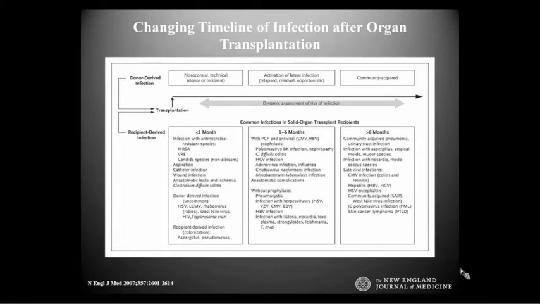Your risk of infection is largely determined by what prophylactic agents you're on. And in this day and age, we have universal PCP and antiviral prophylaxis for everyone. So some of these infections that we used to see in this time period, like CMV, EBV, herpes, etc., we don't really see so much anymore. And we, in fact, now see them later on after transplant in the more than 6-month window.